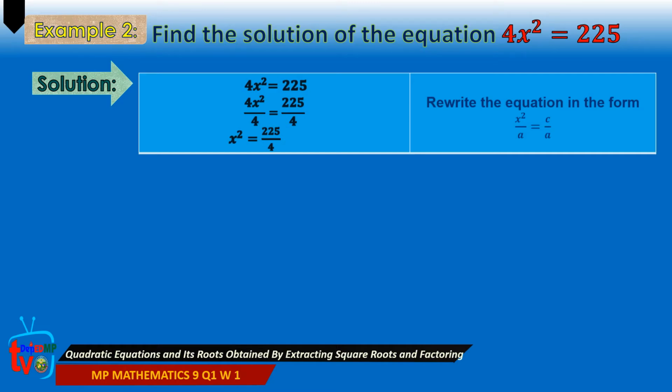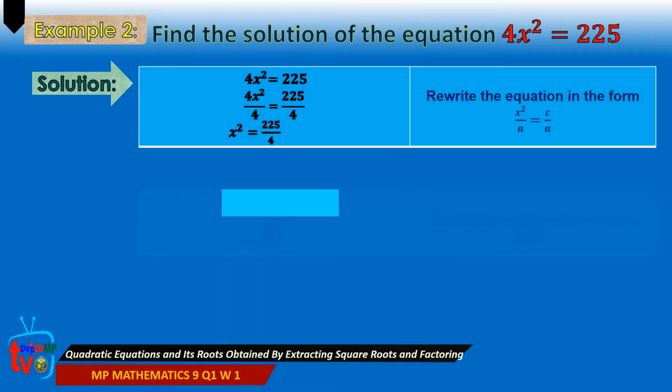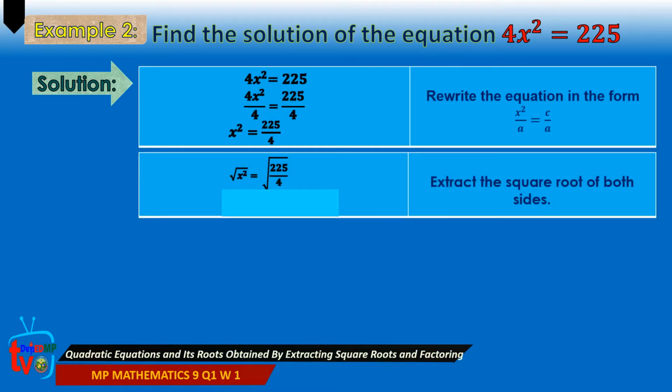So further simplifying that, we have x squared is equal to 225 over 4. Next, we extract the square root of both sides. So the square root of x squared is x. The square root of 225 over 4 is positive or negative 15 over 2. So those are the values of x.